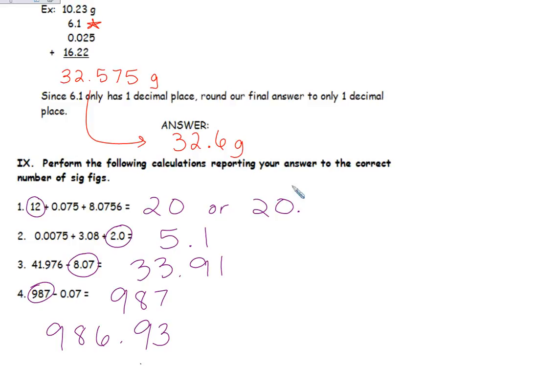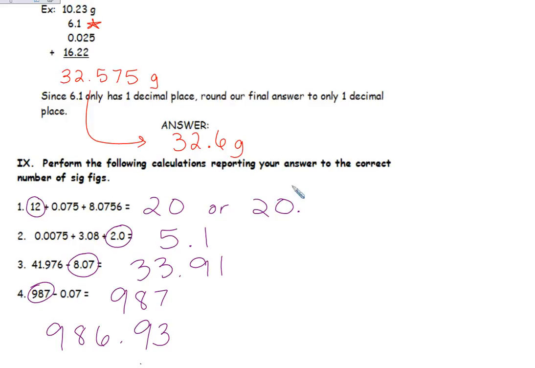We just want to round it to the nearest whole number. Kind of the same thing with number 4. Subtracting 0.07 is actually kind of insignificant. I'm going to leave the same number. If I subtract, I get 986.93, but if I round that to the nearest whole number, I'm going to round it back to 987.